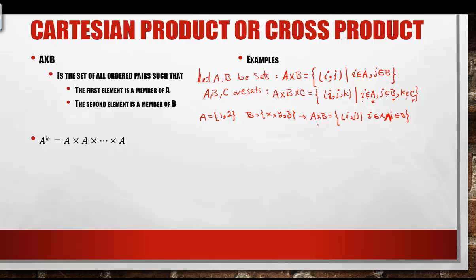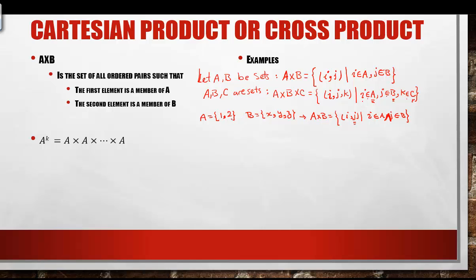So let's first take a look and see how many elements A cross B will have. A cross B should be any combination of I and J where I comes from A and J comes from B. So for every element in A, we have 3 elements in the second part of this tuple.